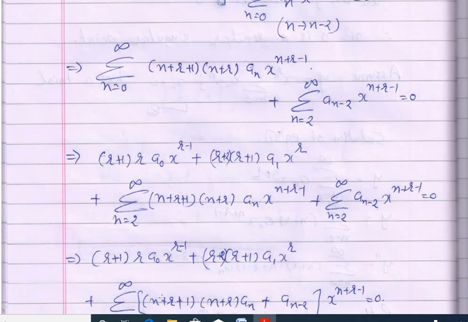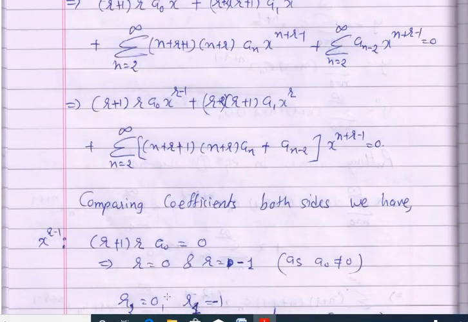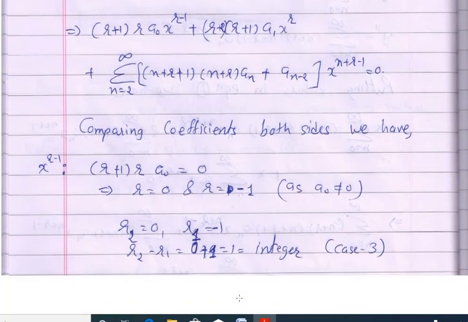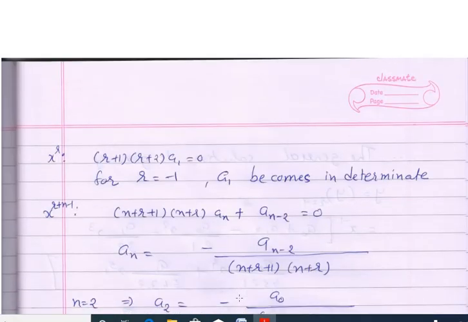So from the first one you will have r is equal to 0 and r is equal to minus 1. So r is equal to 0 is greater, so it is r2, and minus 1 is r1. So r2 minus r1 will be 1, and that is case 3, the case of integer difference.